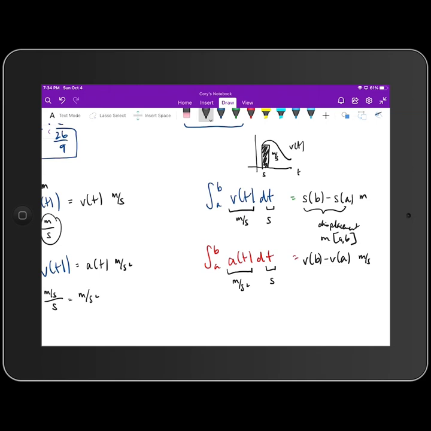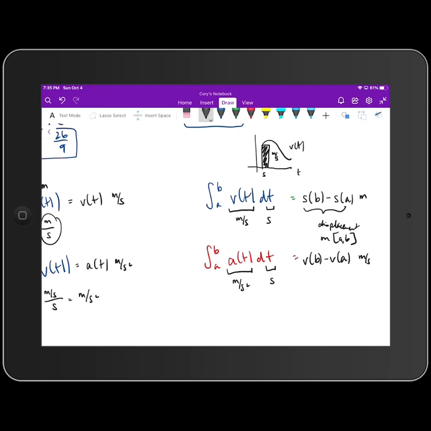So the big key with the rates problems, and what makes them really difficult, is you have to be able to look at a word problem and the function that you're given, and then determine the function that you're trying to find. Like, do I have to take the derivative to find that function, or do I have to take the integral to find that function?